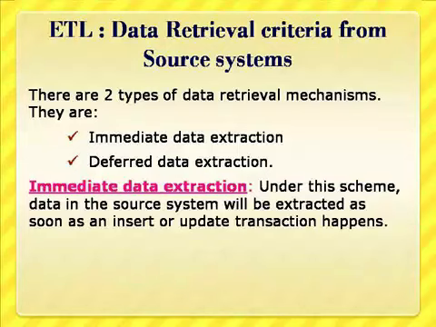In the immediate data extraction scheme, data in the source system will be extracted as soon as an insert or update transaction happens. This is generally captured in the form of an event, and when such events like insert or update happen, a particular procedure will be invoked to migrate the data from the source system to the ETL.